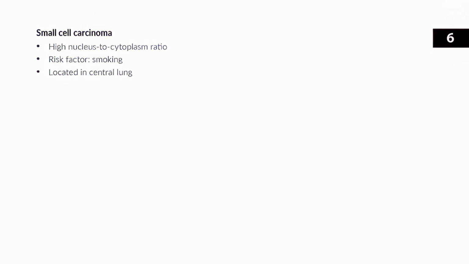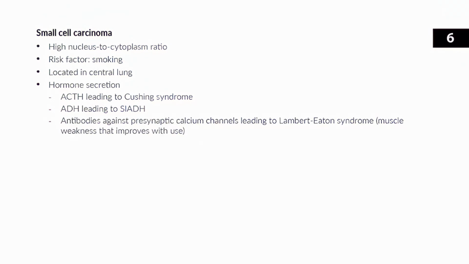So what hormones might our small cell lung cancer secrete? Well, there's a couple of things. Remember, we saw a PTH-related hormone with squamous cells. Small cell lung cancer might generate ACTH, or it might also produce ADH, resulting in Cushing syndrome with that ACTH production, or SIADH with ADH production. Small cell might also generate antibodies against presynaptic calcium channels.